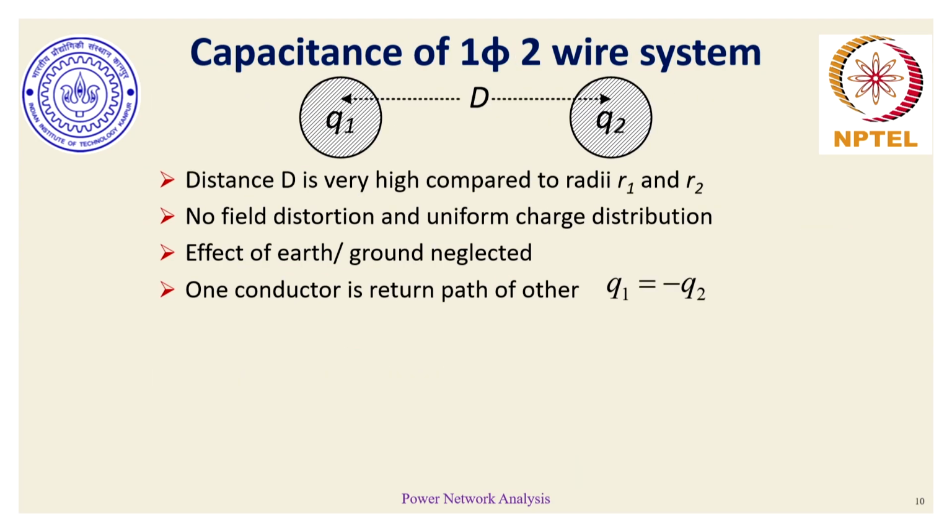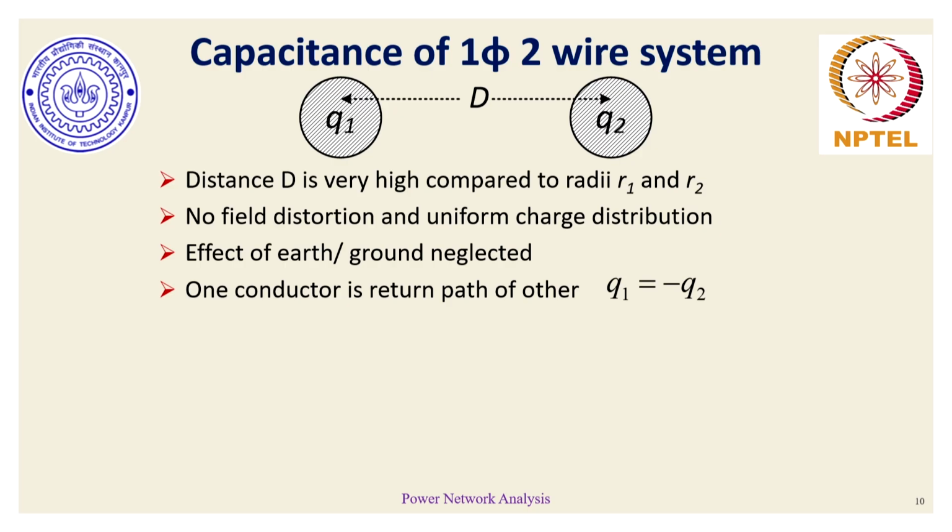So now if we move on and complicate our discussion gradually, we have understood the capacitance evaluation for a single conductor. Now let's see how we evaluate capacitance for a single phase two wire system. Remember the discussions we had for inductance evaluation, similar logic would be applicable here. We have two charged conductors, two current carrying conductors essentially.